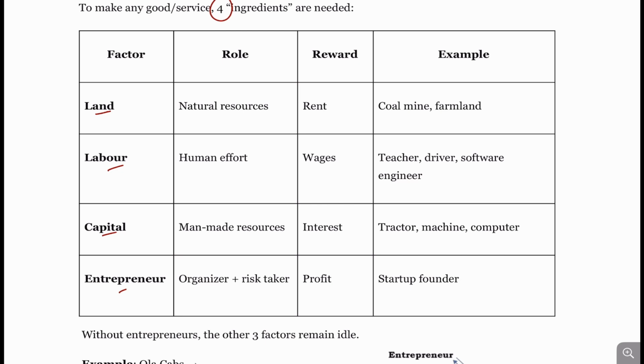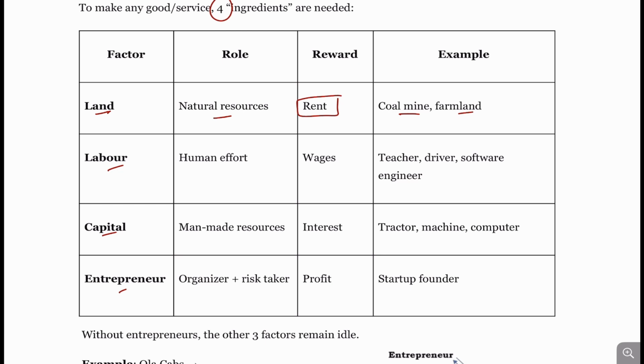Land is a natural resource. It will be earning rent. Any individual who takes land will be giving rent, either because he rented it, or because he owned it, in which case he will be giving some money to the other owner. Examples: coal mine, farmland, etc.